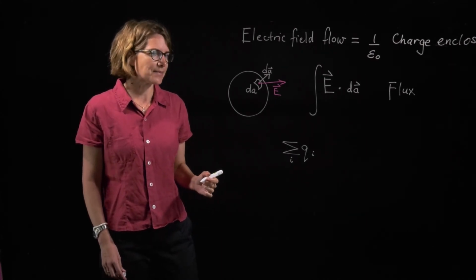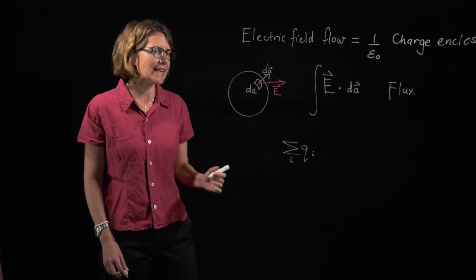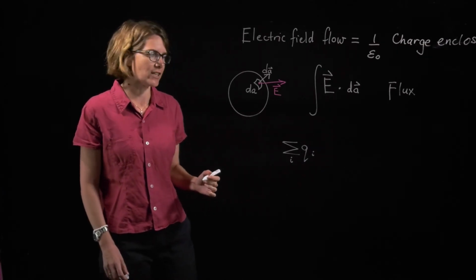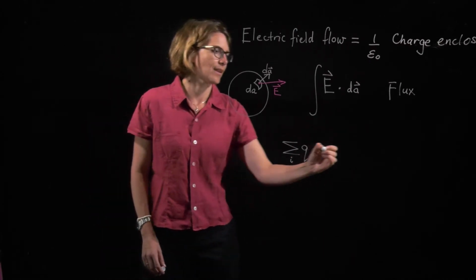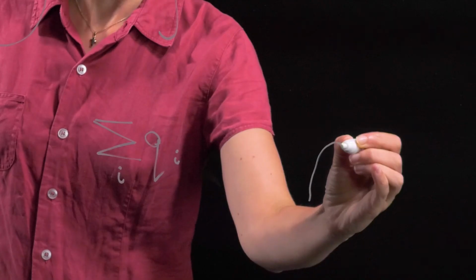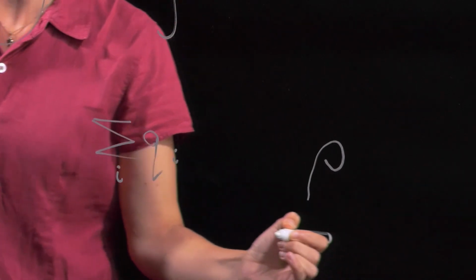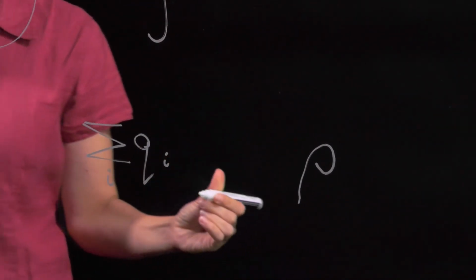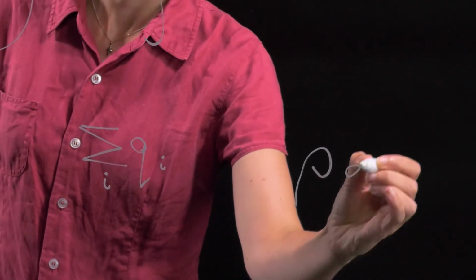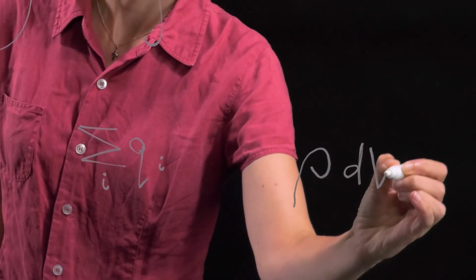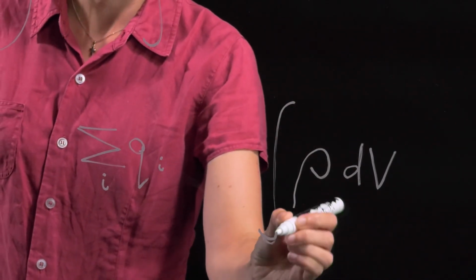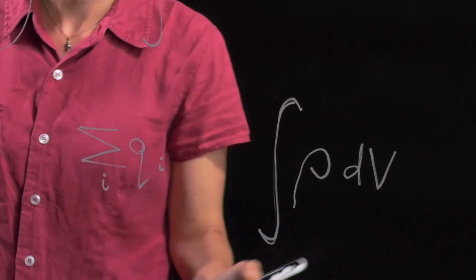In that case, we're going to need to take the volume and multiply it by the charge density. So the charge density will give the symbol ρ, and that has units of coulombs per meter cubed. We'll multiply it by the volume element and integrate over the whole volume.